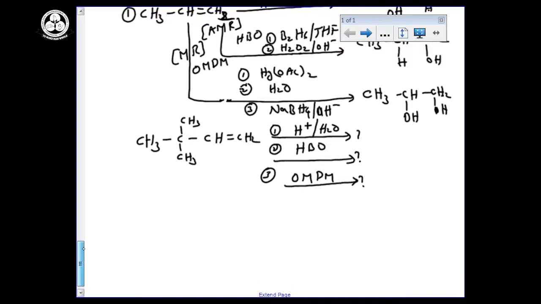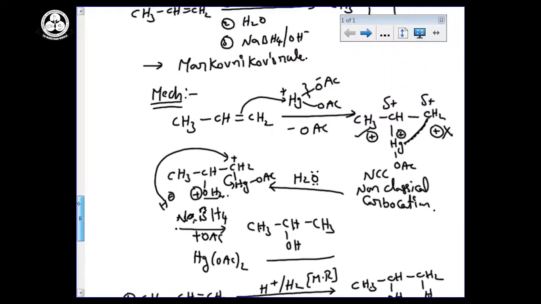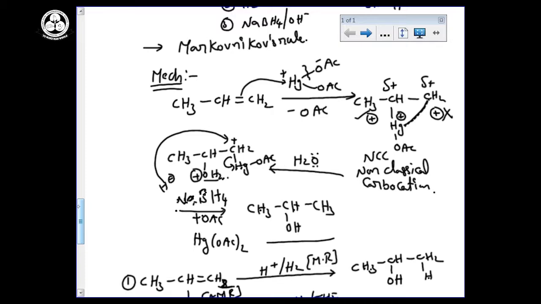One important thing we have to observe in the third mechanism: it is not a normal carbocation, it is a non-classical carbocation. Here the reaction intermediate follows the Markovnikov rule, and generally the reaction intermediate is a carbocation. If it is a carbocation, there must be a rearrangement.